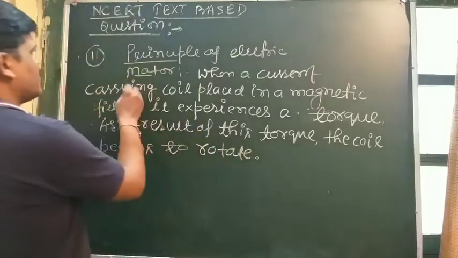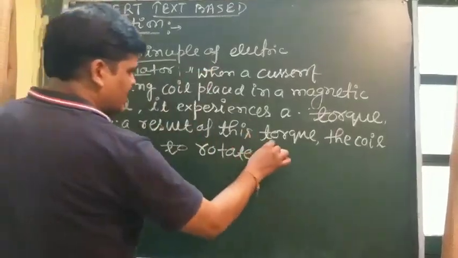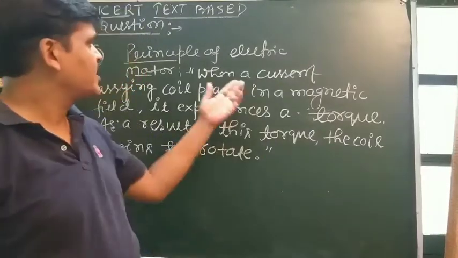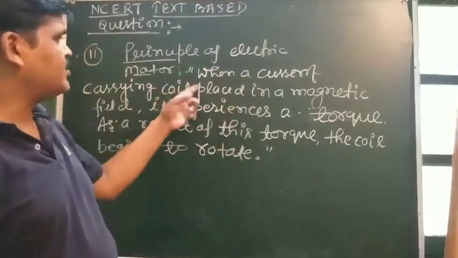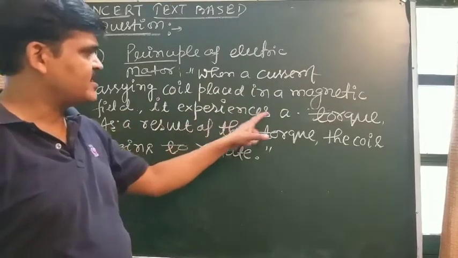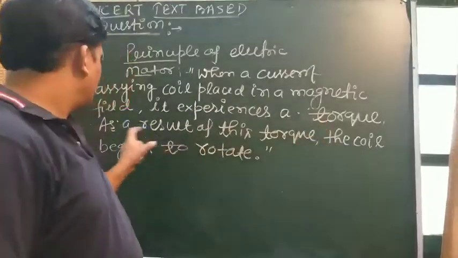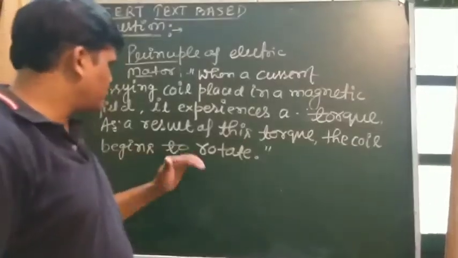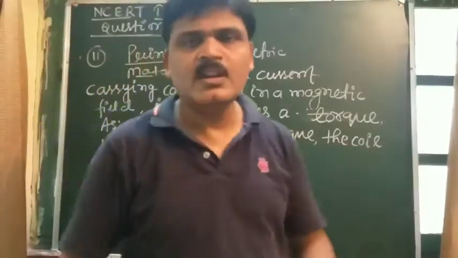This is the principle of electric motor. So what is the principle of electric motor? When a current carrying coil is placed in a magnetic field, it experiences a torque. As a result of this torque, the coil begins to rotate. This is the principle of electric motor.